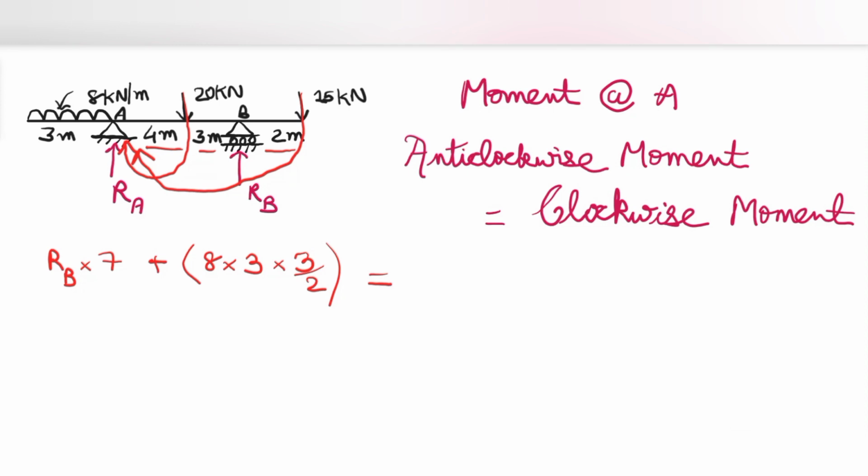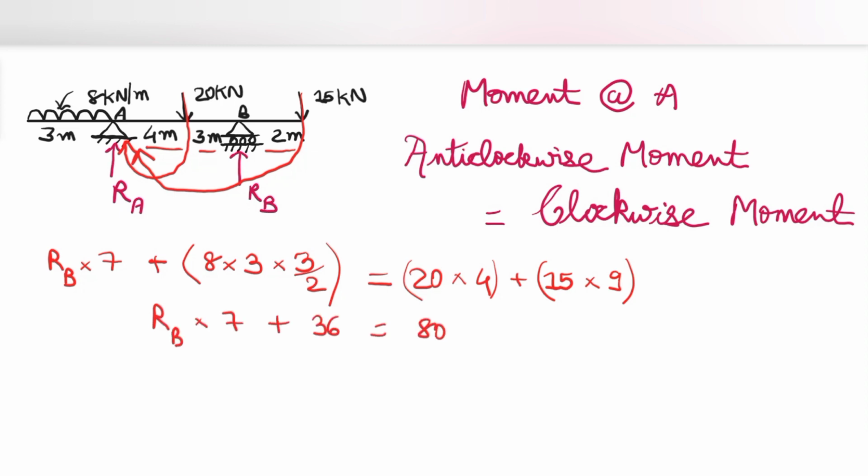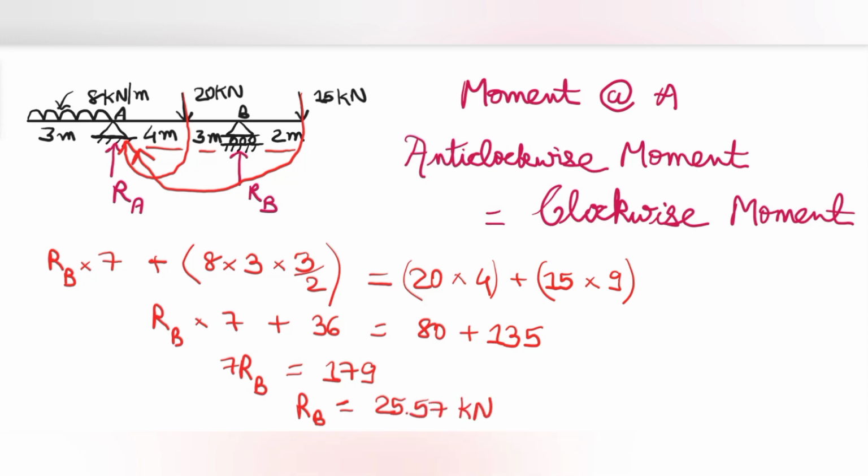So here we'll write equal to 20 into 4 plus 15 into 9. And then on solving this, we'll get RB into 7 plus 36 is equal to 80 plus 135. Therefore, RB into 7 is equal to 179 and RB will come as 25.57 kilonewton.